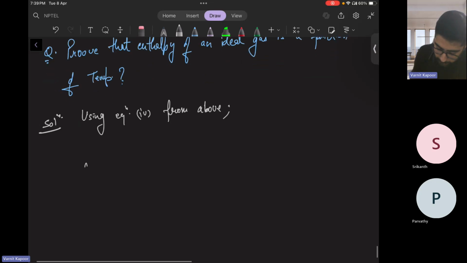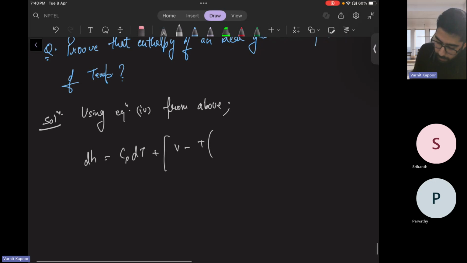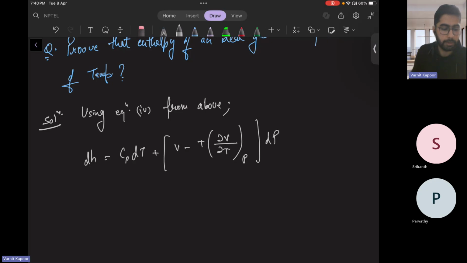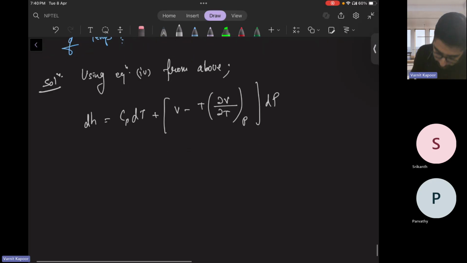Using equation number 4, the equation was dH is equal to Cp dT plus (V minus T times dou V by dou T at constant pressure) times dP. Okay, so for an ideal gas, PV is equal to RT.